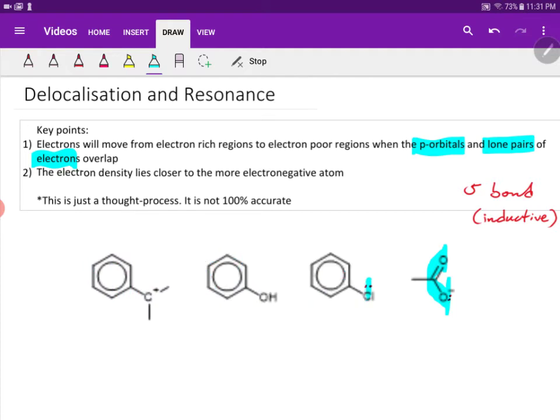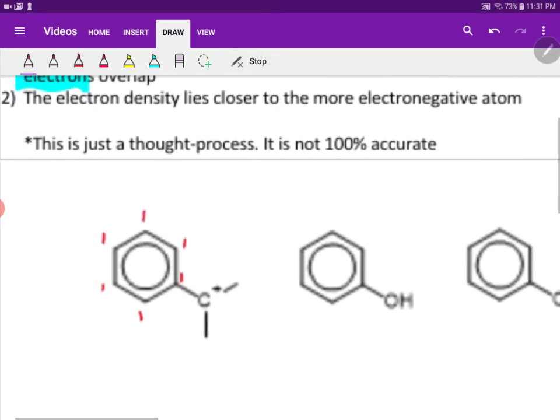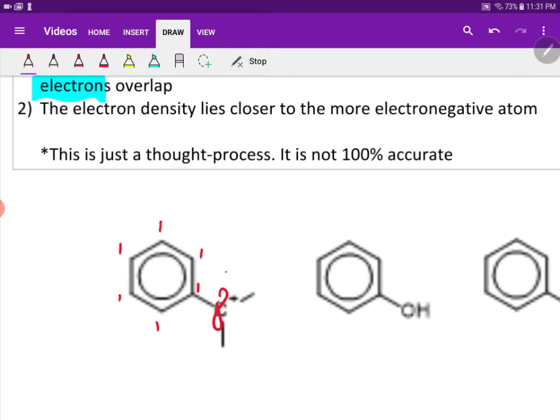Let me erase everything off. Previously we have already established the fact that there will be delocalization. Let's do some very simple mathematics here. We know that we have a lot of p orbitals here, and in each p orbital we have a certain number of electrons. So let's try to label them. I have one here, one, and in this p orbital here there is 0.